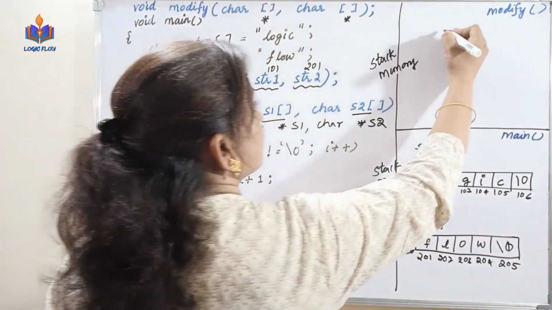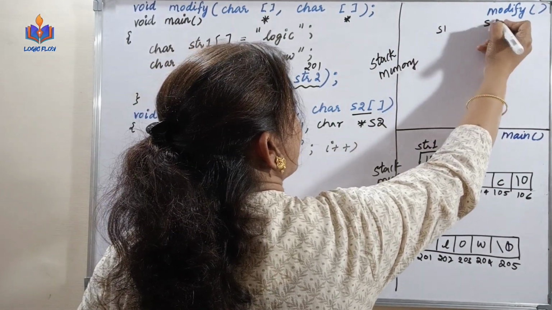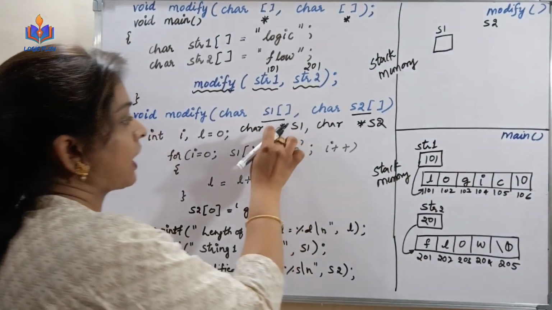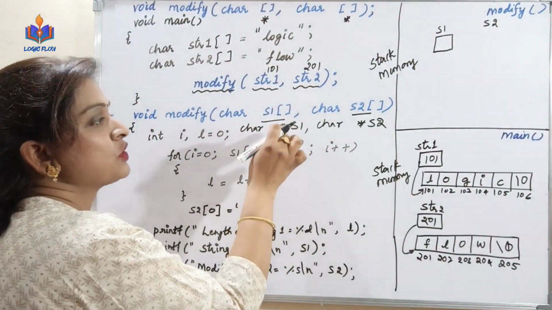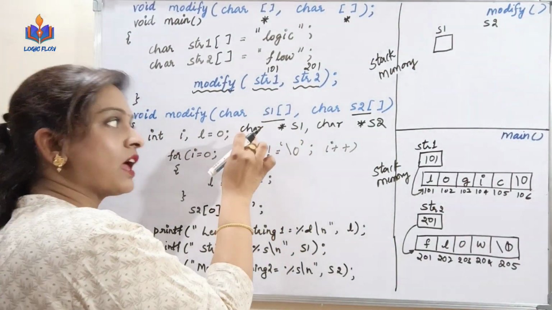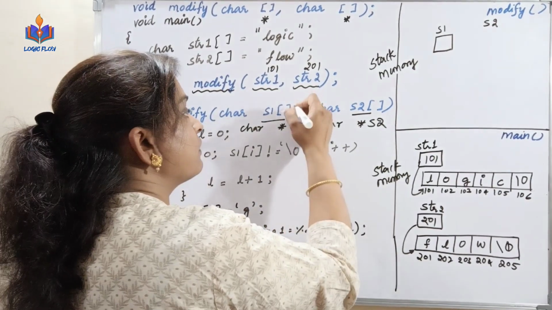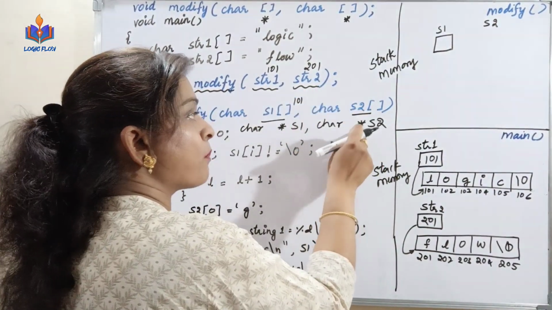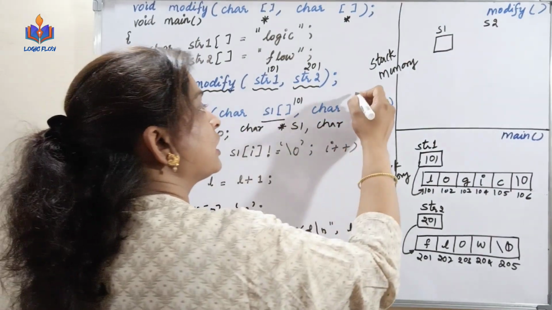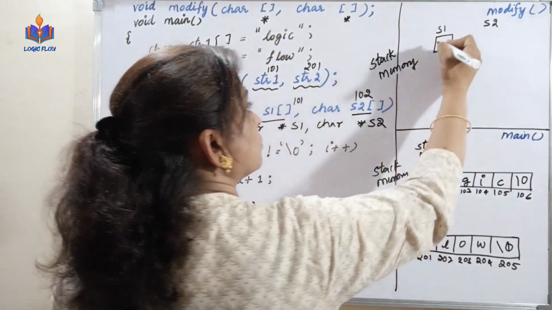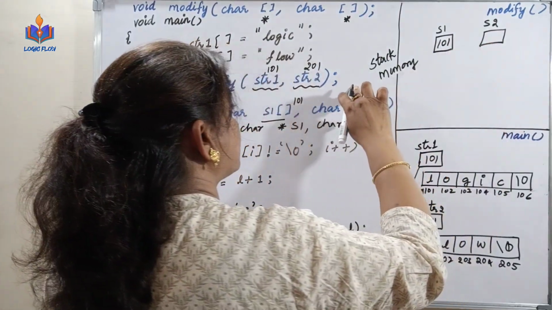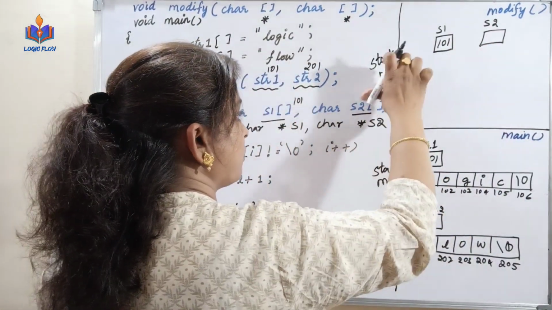So we have S1 and we have S2. S1 is a character pointer, a pointer to character, which is receiving the address 101, and S2, a pointer to character string, receives 201.